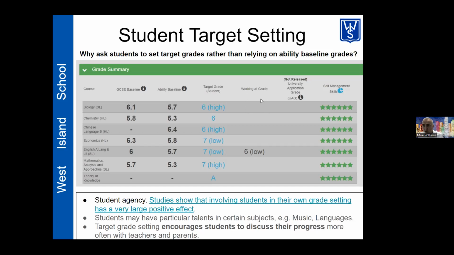I'm going to be making sure I emphasize that to teachers, because I've got a lot of feedback from students who have been going through this process who are currently in year 11. They're telling me that the thing they don't like, and parents don't like, is when these working at grades, or current grades if you like, sawtooth: they're flying away on a level 6, and then suddenly they do a test and they get level 2 in the test, and so their working at grade changed to level 2. We'll make sure this doesn't happen.